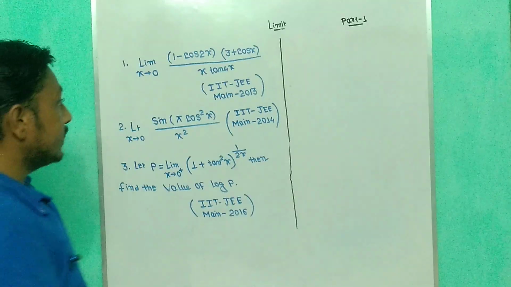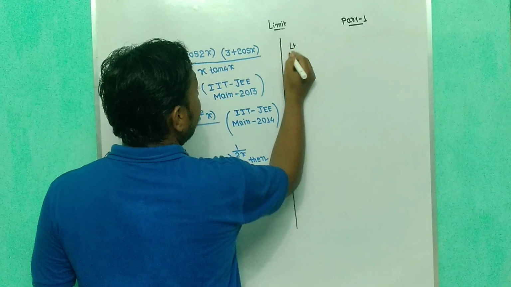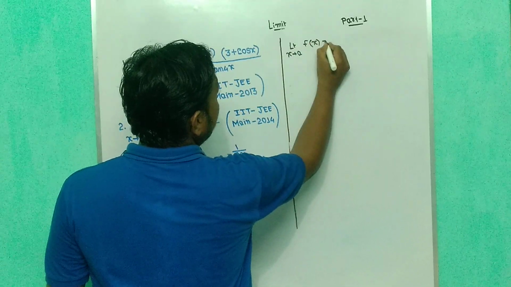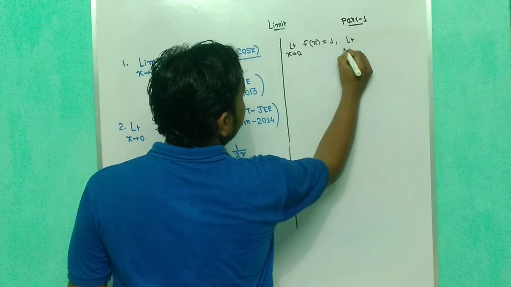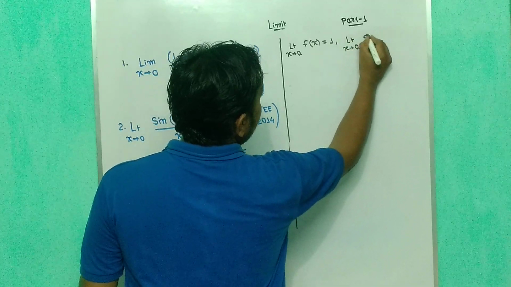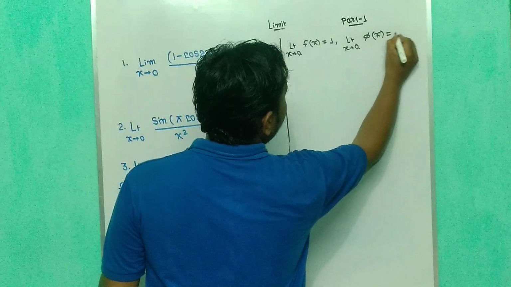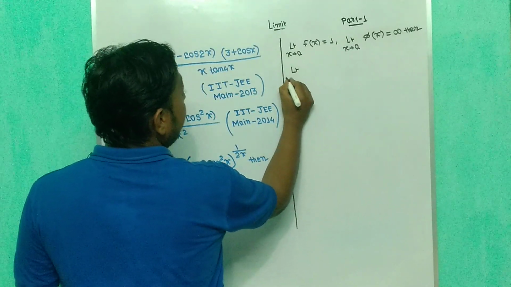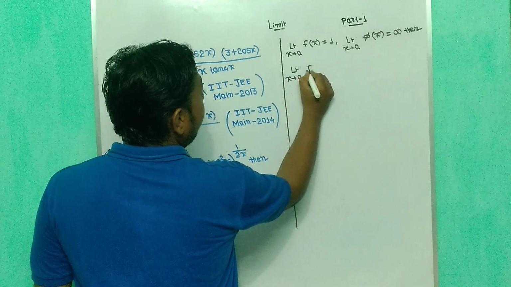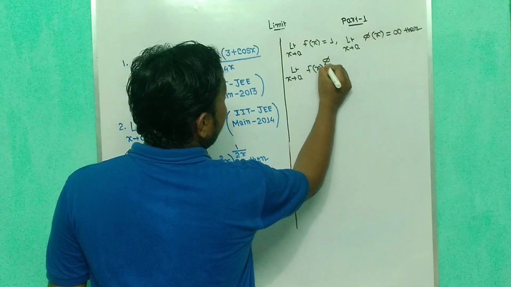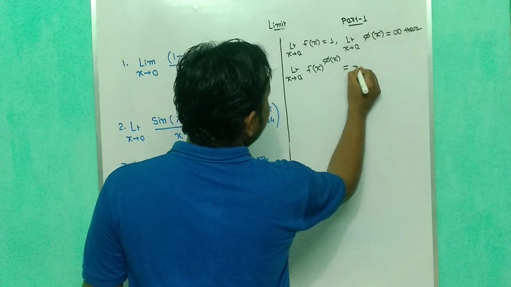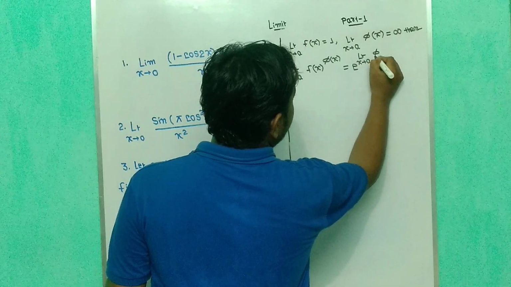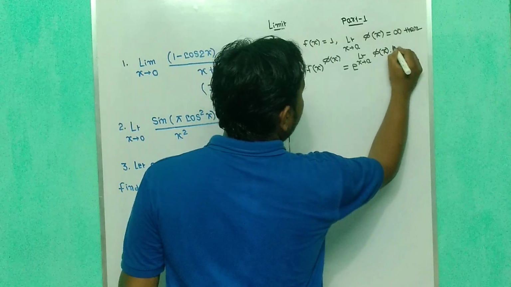So the concept is in this question. Suppose limit x tends to a f of x equals 1 and limit x tends to a phi of x equals infinity, then limit x tends to a f of x to the power phi x equals e to the power limit x tends to a phi x into f of x minus 1.